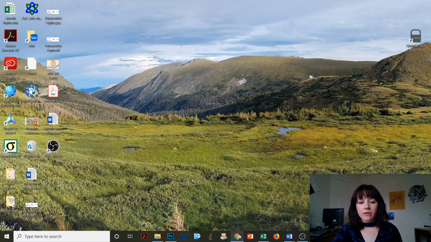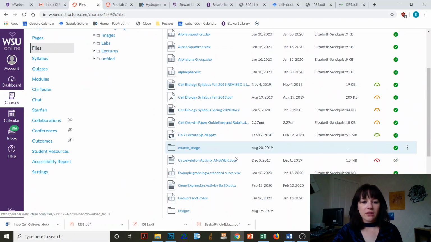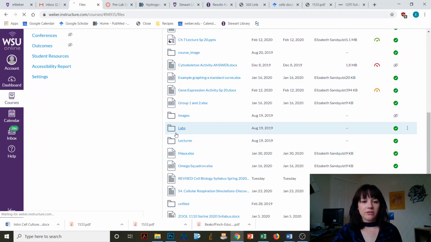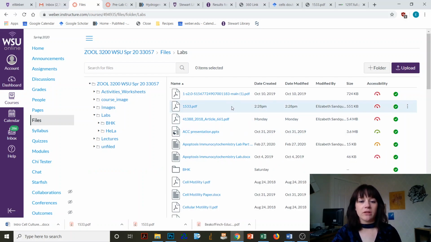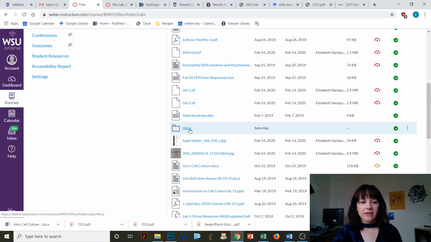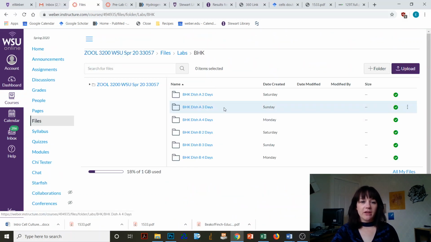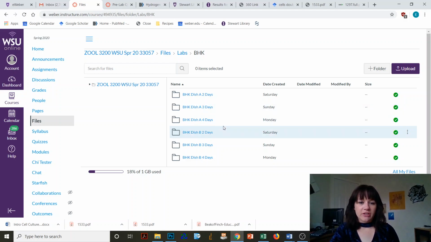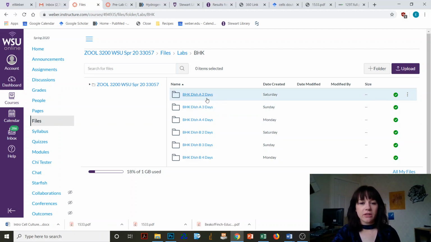And so if you go to Canvas for this class and you go to Files, you can find that there is under labs images of the cells in the hemocytometers that you can use. So for example, here we have a folder called BHK, and then we have another folder called HeLa. So let's take a look at the BHK folder, and you can see that there's 2 dishes, dish A and dish B, for each of these time points, 2, 3, and 4 days in culture.